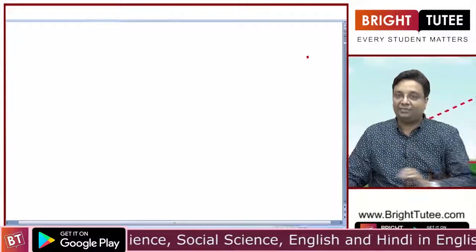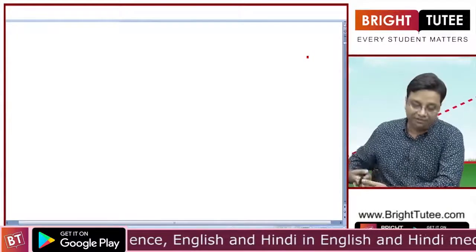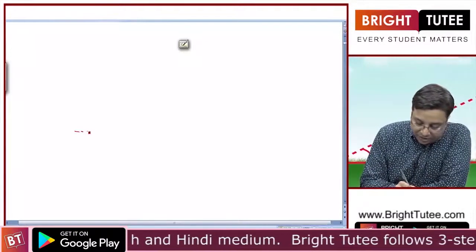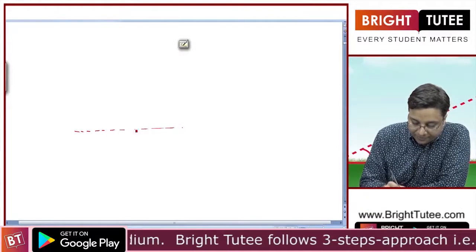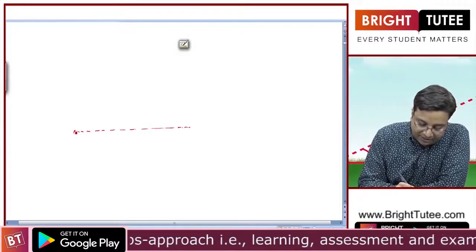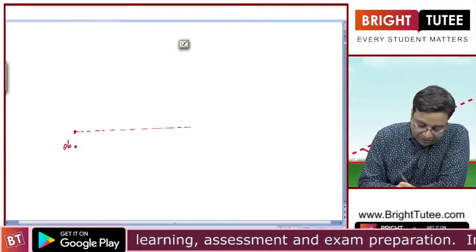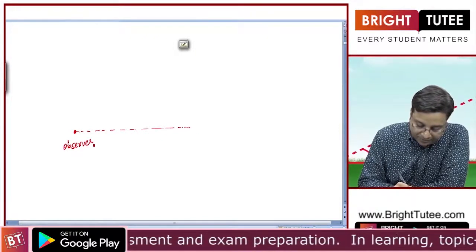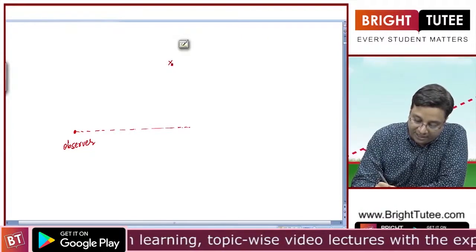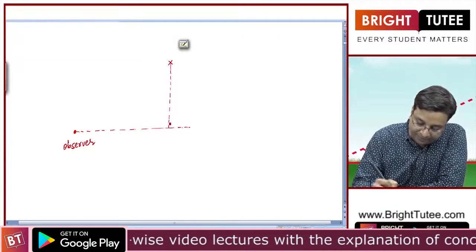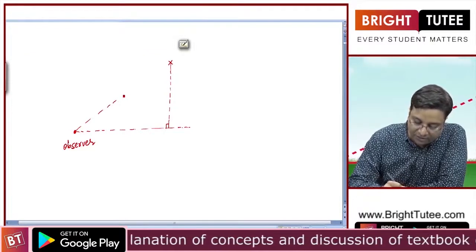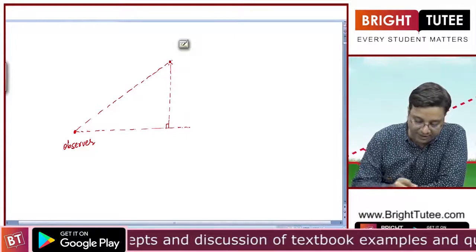In this chapter we will use another fundamental. Let us say this is a horizontal line, and here we have got an observer, and you have got an object at certain height, and the observer is looking at this object from here.